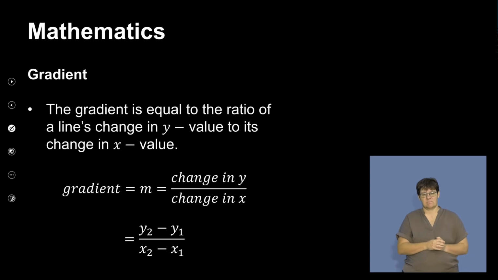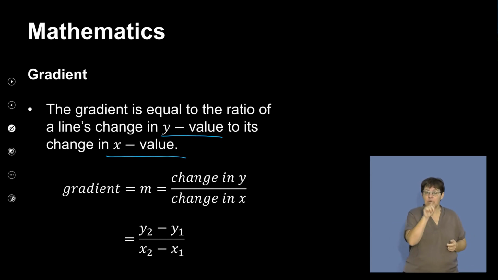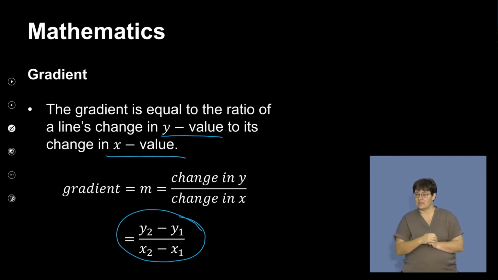The gradient is normally the ratio of the line's change in y value to its change in x value. What do I mean? Gradient equals m, which is change in y over change in x. And change in y over change in x means y2 minus y1 over x2 minus x1.